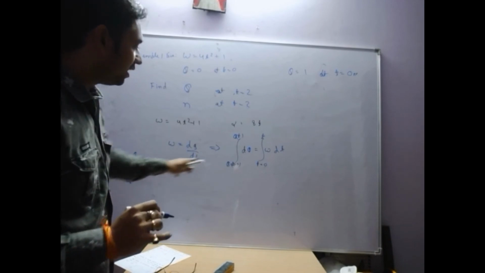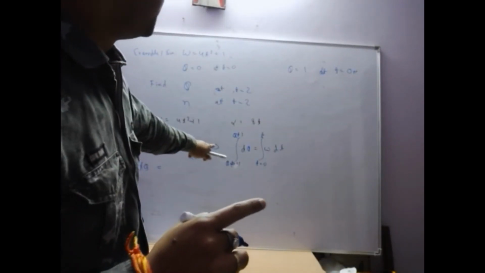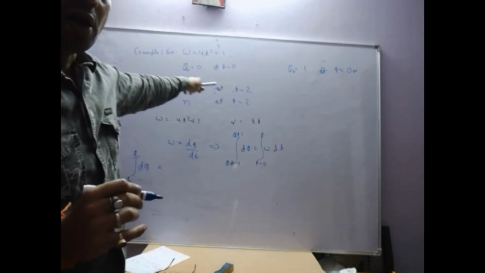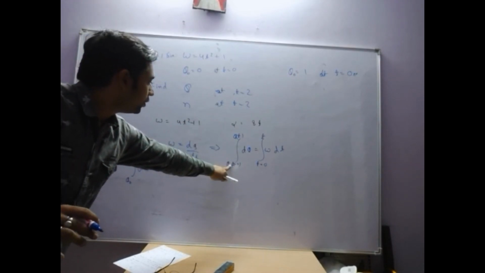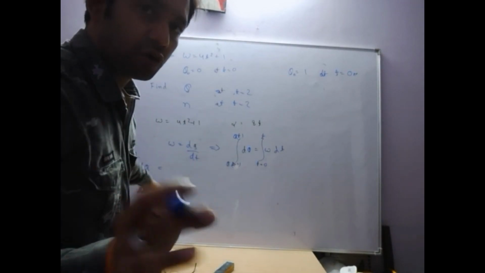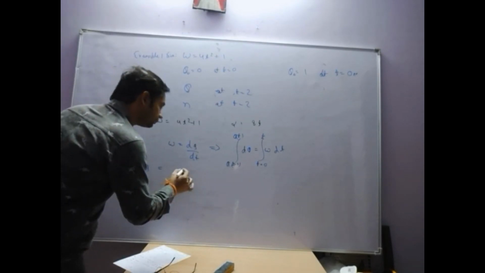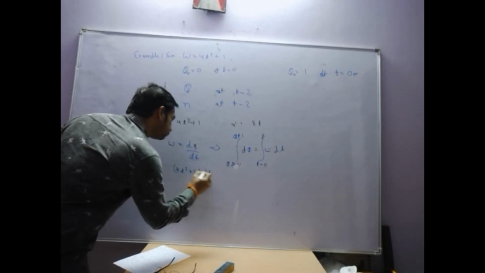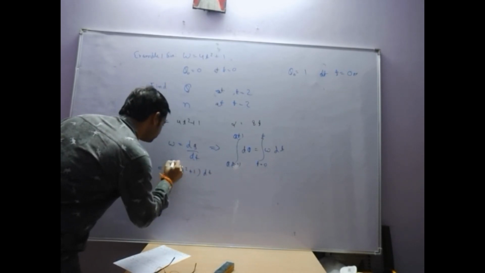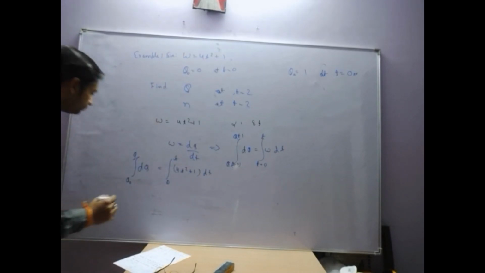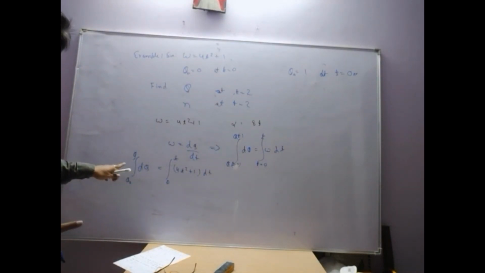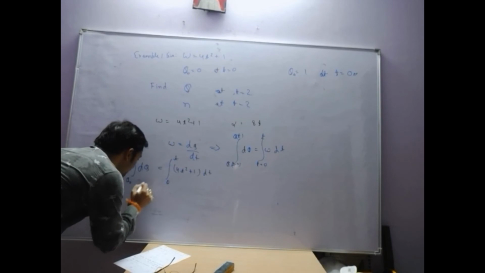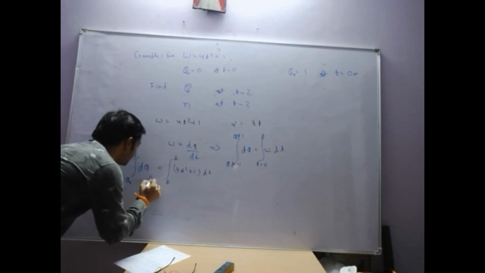For simplification, I put theta naught for theta at t equal to 0. Integrating, we get the equation for theta.